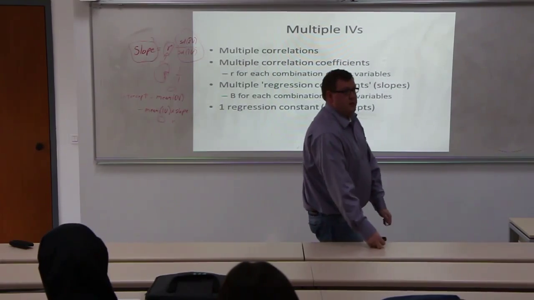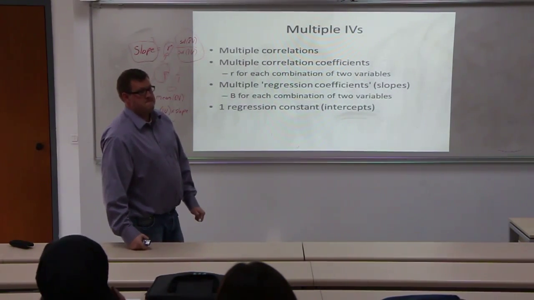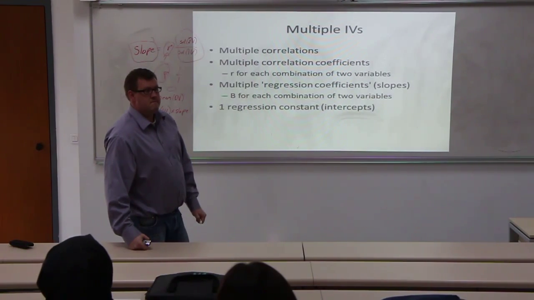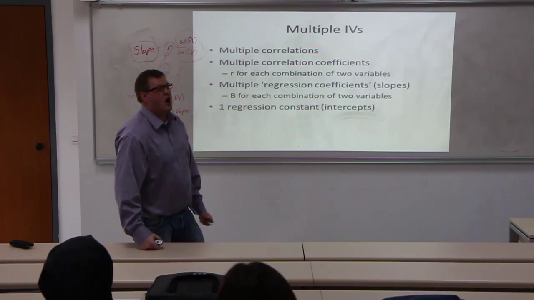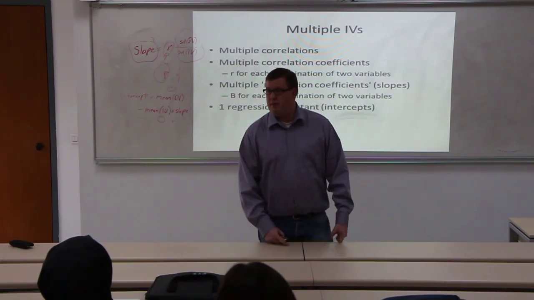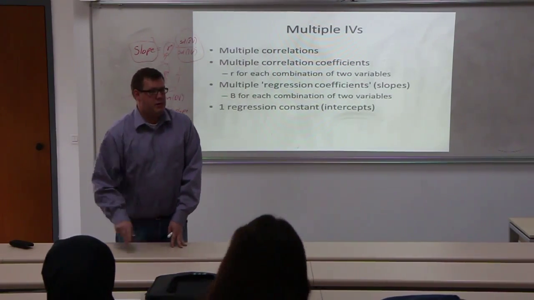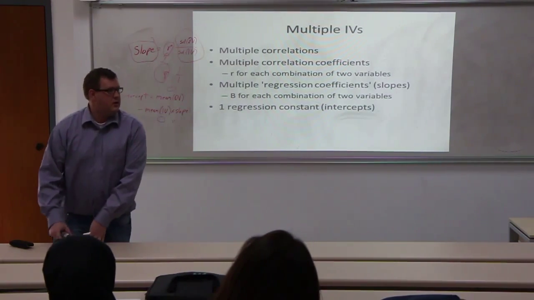Yes, we will have more than one slope. So we have more than one slope. Which slope are we going to use? We're going to use all of them. But we will multiply each slope by the mean for that variable, plus the next slope times the mean for that variable.